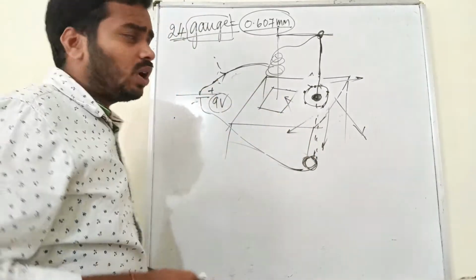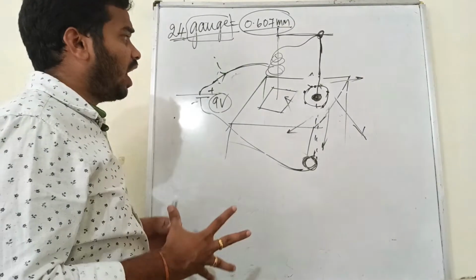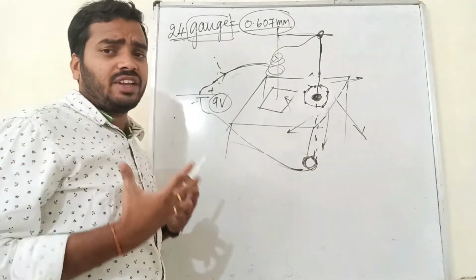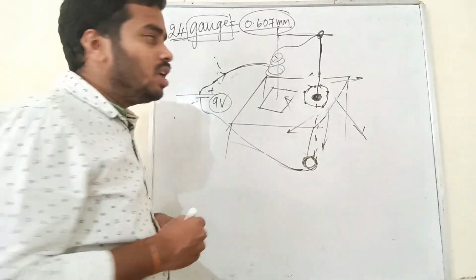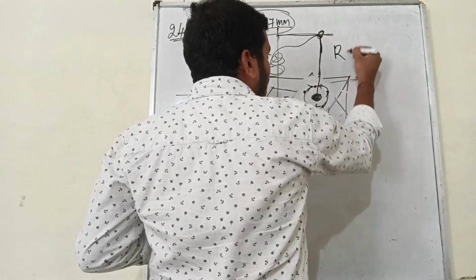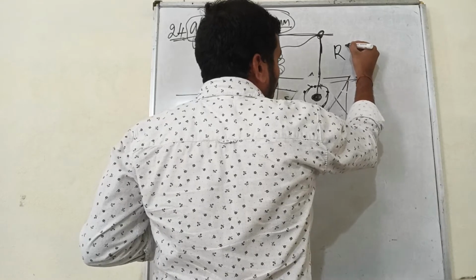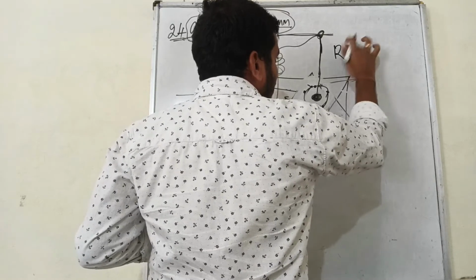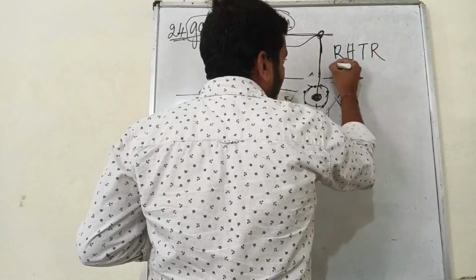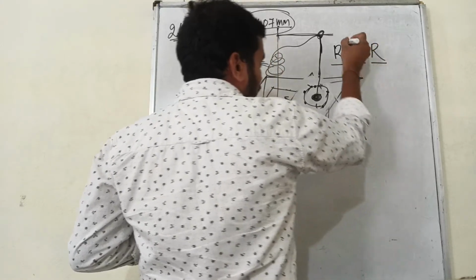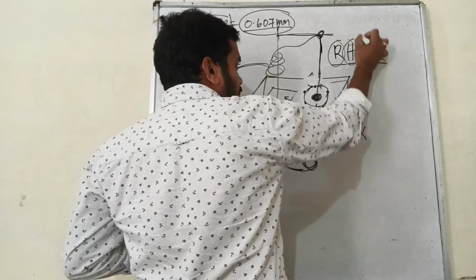So we shall try to understand the rule behind knowing the magnetic field direction around the straight current carrying conductor in an easier manner. So what is that rule? Right hand thumb rule. Right hand thumb rule.